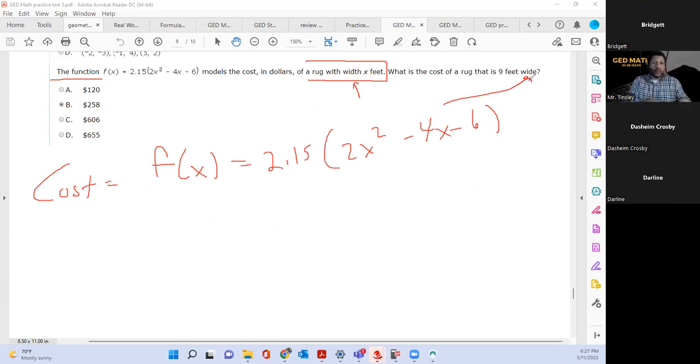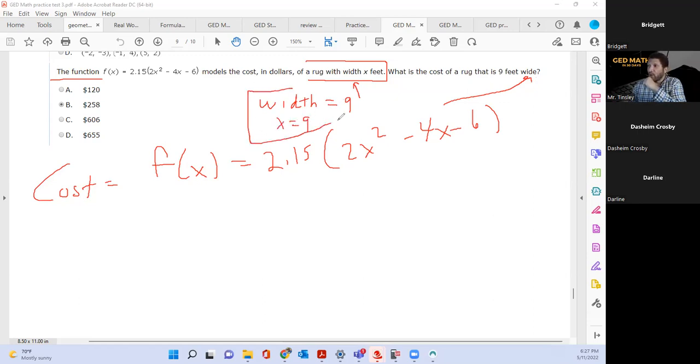You should know length is how long something is, and width is how wide something is. So they used varying vocabulary to say the same thing. What they're really telling you is that the width is 9. Does everybody understand that? By telling you that the width is 9, they're telling you x is 9.